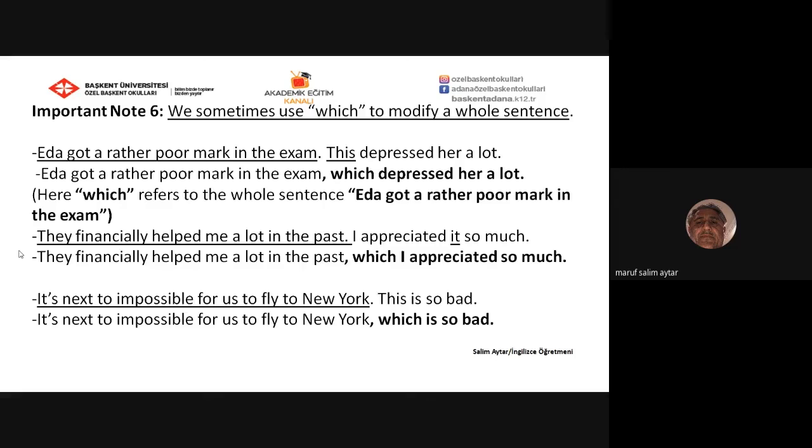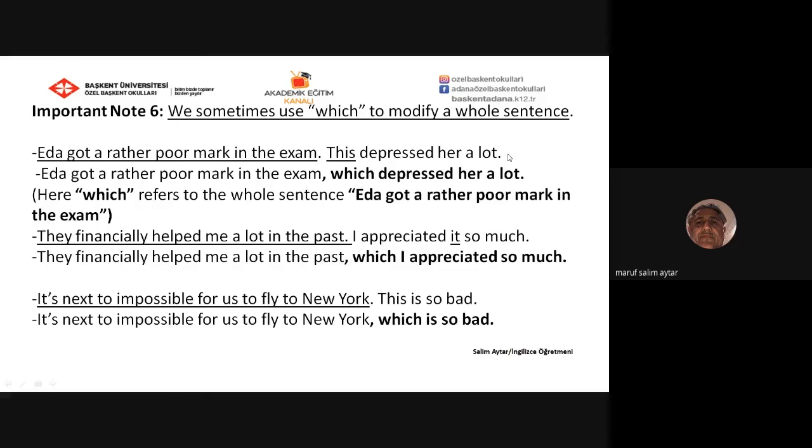There is another important point about non-defining relative clauses. We sometimes use which, the relative pronoun which, to define a whole sentence. Can you just have a look at this bit? Eda got a rather poor mark in the exam.